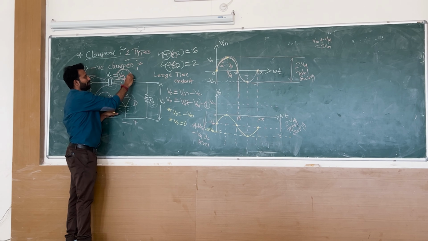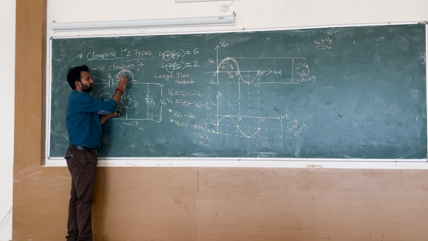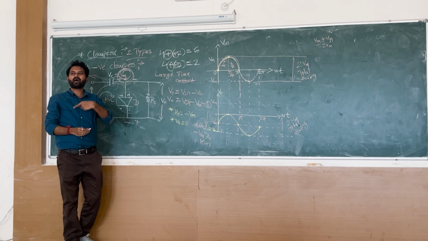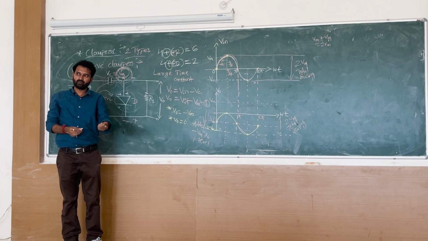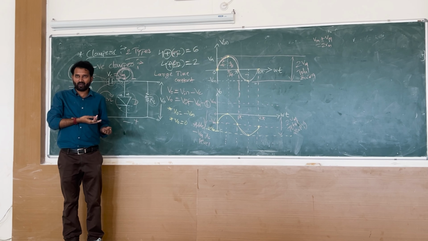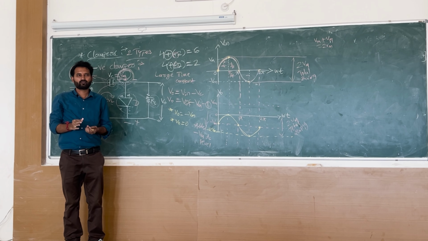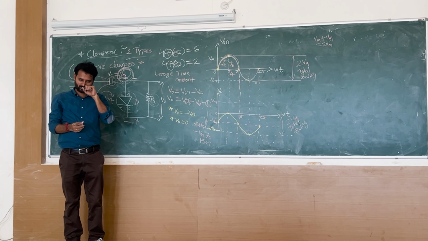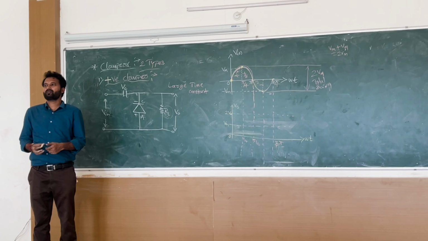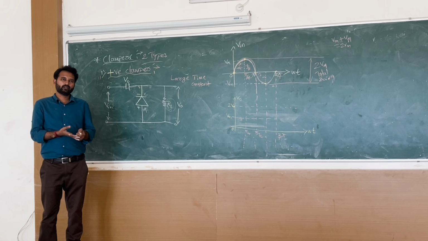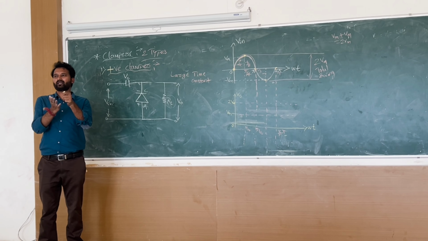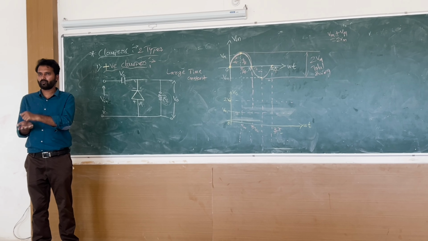Though the value of the capacitor is maximum Vm only, it will last for a duration of 3 months, 4 months. It depends on the capacitor. Understand? There, the output has been clamped to the negative portion.